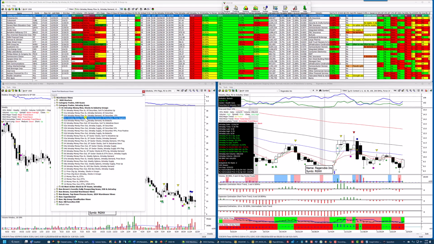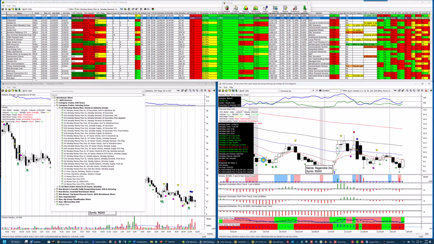And intraday money. These are all intraday money flow. Here the price is negative, but the price is up today. I'm sorry, intraday demand. The price is negative, but they're trading in the upper part of their daily range. I misspoke there.